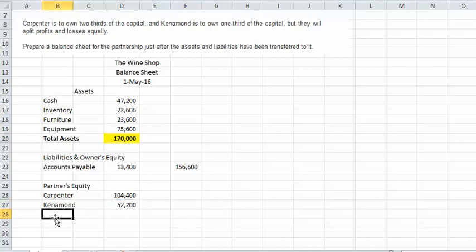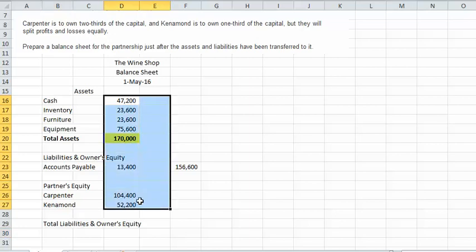So our total, let's call this total liabilities and owner's equity. Kind of want to maybe move that over here.